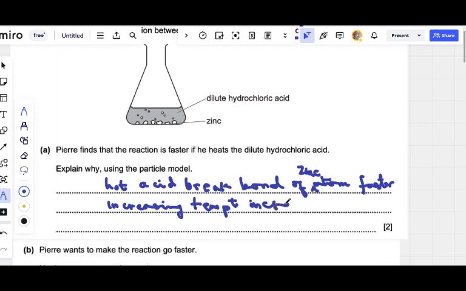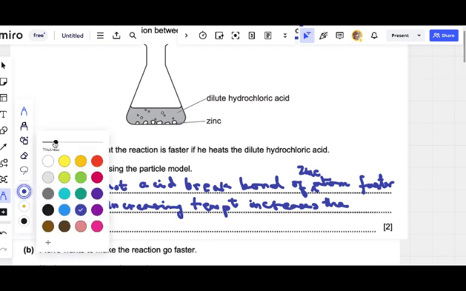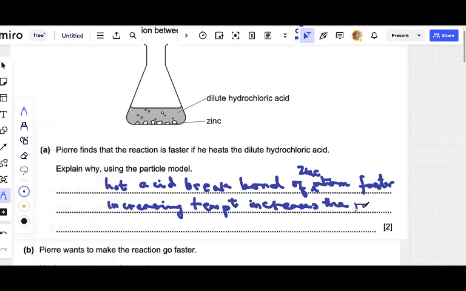It increases the rate of collision of the particles.